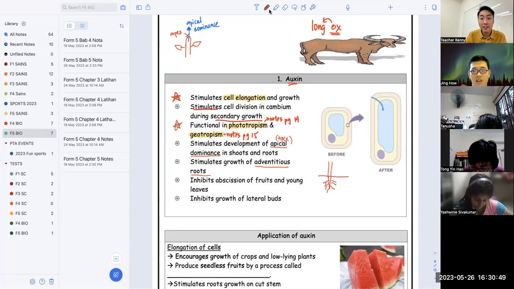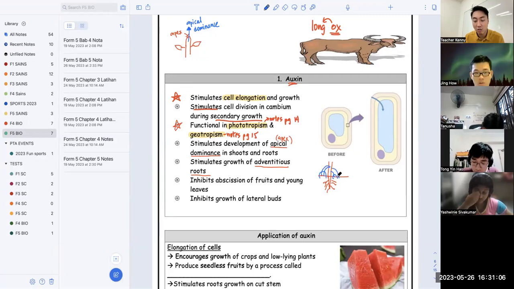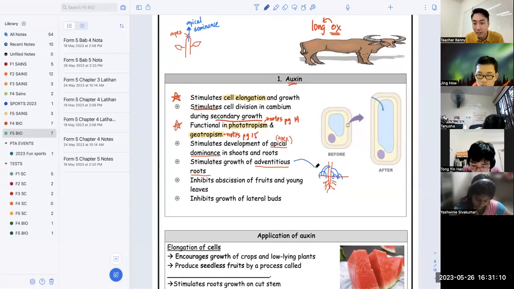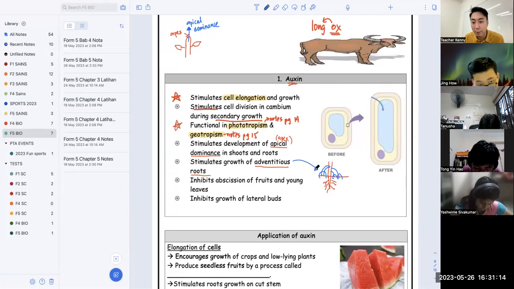Now, adventitious roots means the plant makes roots grow out from non-root parts, other than roots, such as the stem. Suddenly there are roots coming out from here. These are called adventitious roots. Wow, what an interesting name. Basically, roots that grow out from the plant other than the roots.